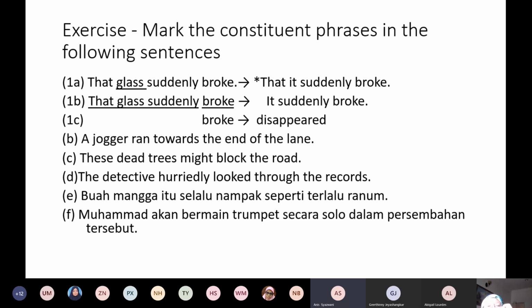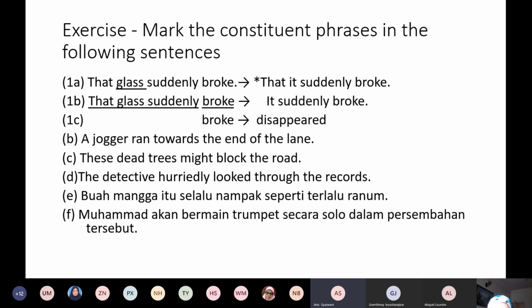Muhammad. Muhammad tu boleh replace macam dia ke, dia akan bermain trumpet macam tu. Okay. Lepas tu second adalah ni bermain trumpet. Macam boleh replace dengan bermain drum, bermain piano dan sebagainya kan? Alright, lepas tu?